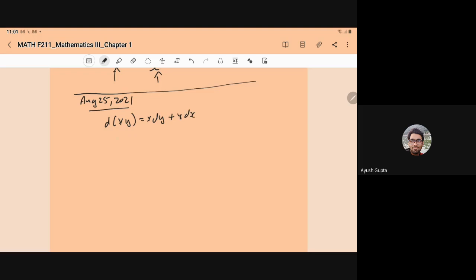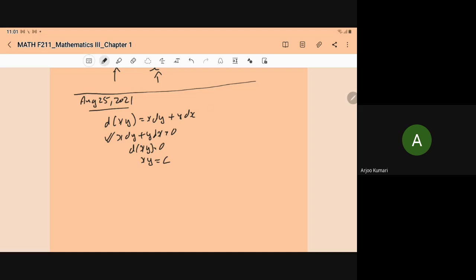So by chance, if you have the equation x dy plus y dx is equal to 0, this can be written as d(xy) is equal to 0, or xy is equal to c. So this type of equation is the exact equation.